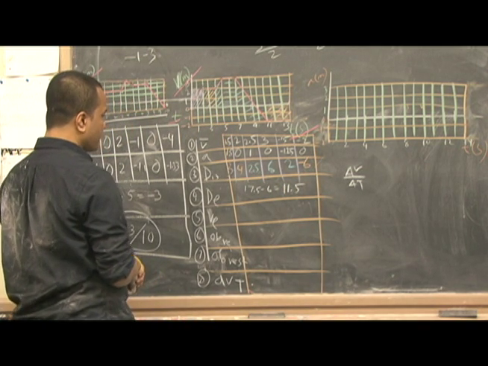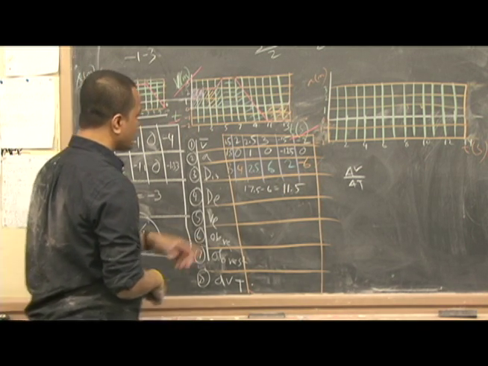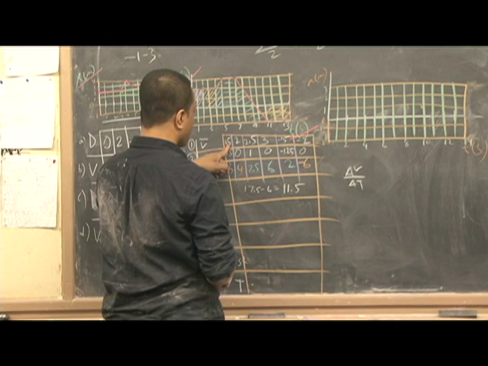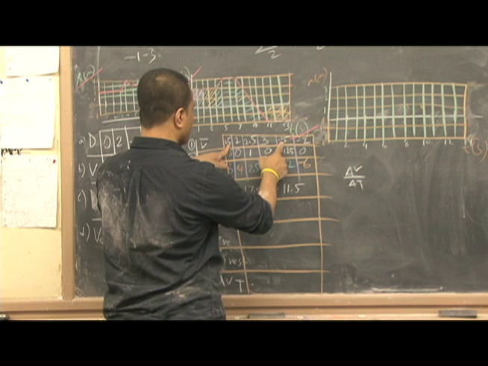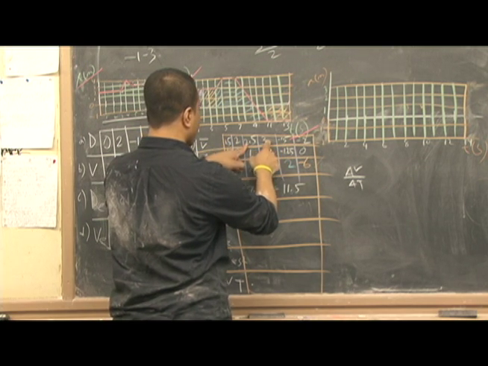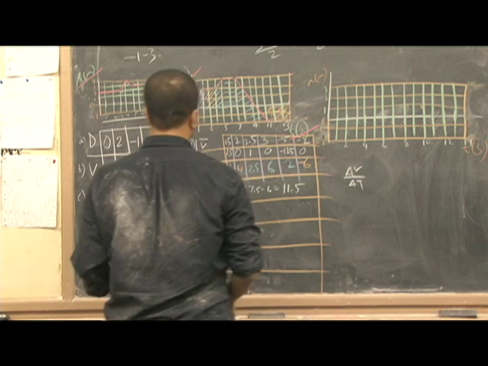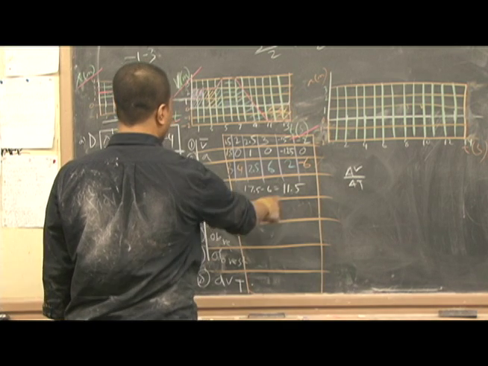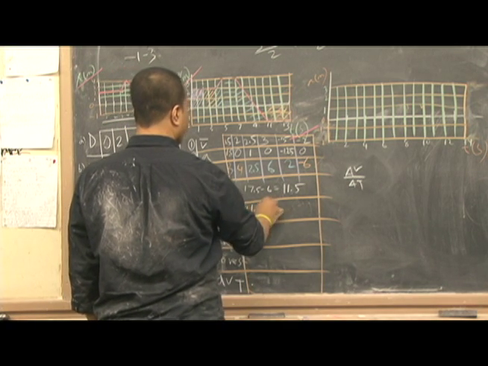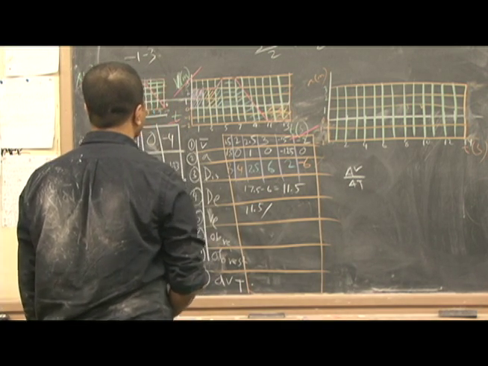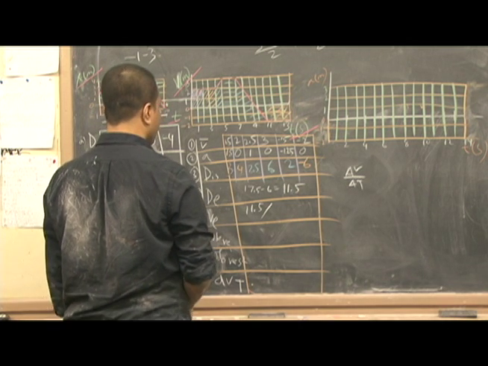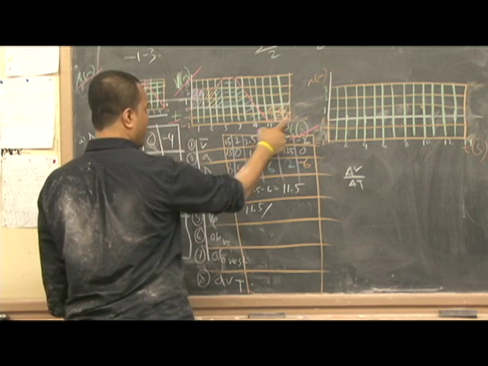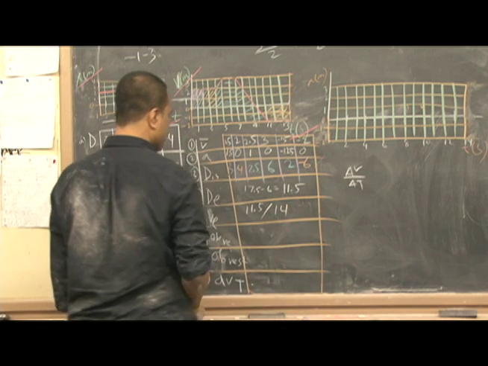The velocity of the entire area is 11.5, right, divided by the whole time from here to here, which is 14.